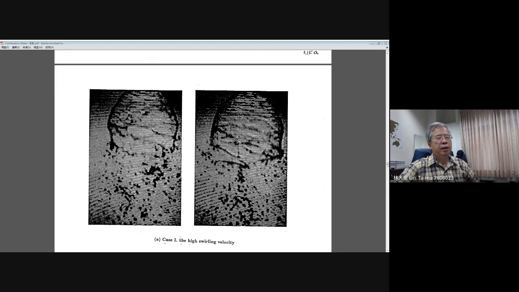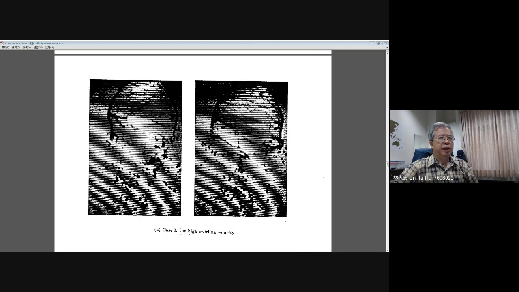Since they enlarged the image, the distance for the liquid sheet is very short. You can see the region of the liquid sheet, and later on you will find some ligaments, and in the downstream side you can see a lot of tiny droplets.